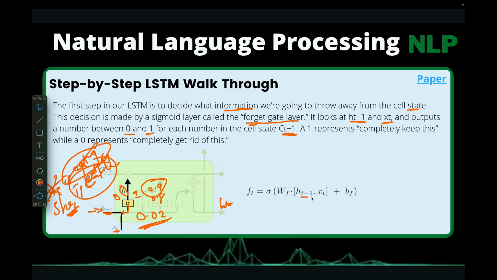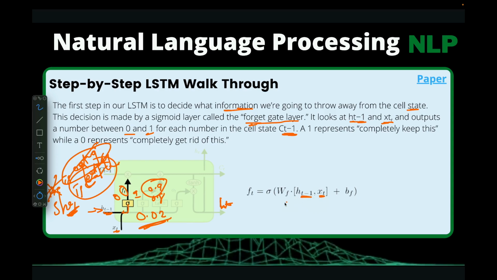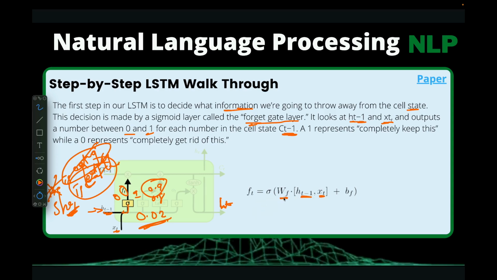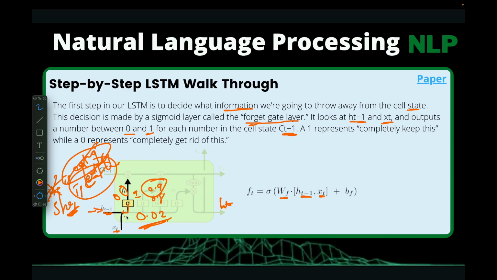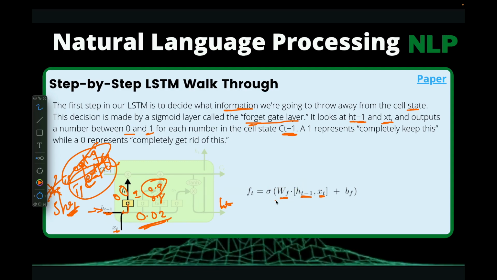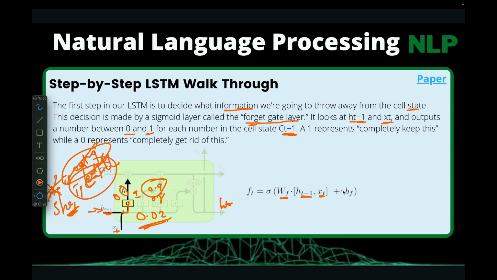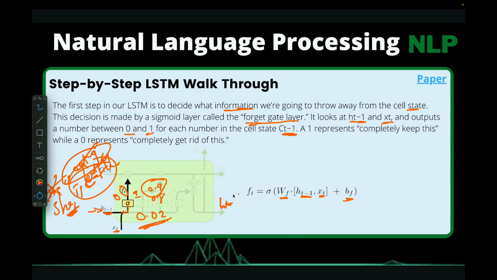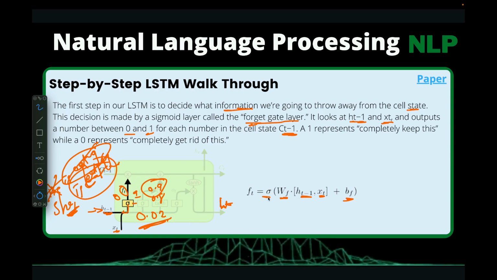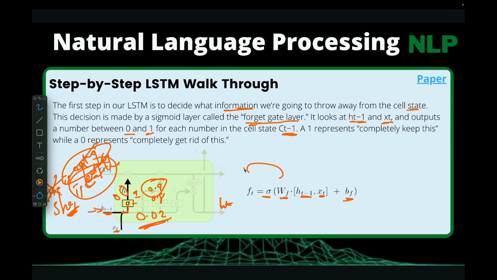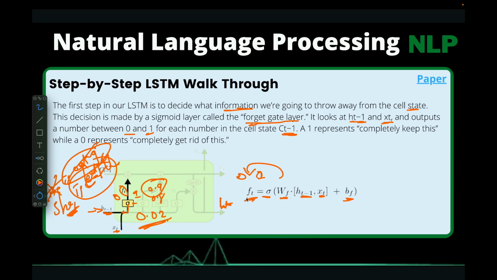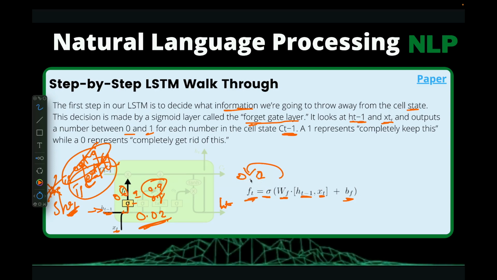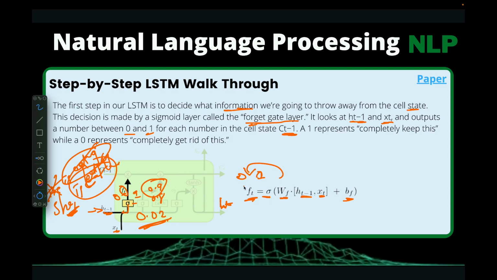Then we multiply with some sort of weight. Remember, if you combine these, you need to multiply with their respective weights. Plus some sort of bias, and then you apply the sigmoid function on it. Then you get values between 0 and 1, and that's going to give us our FT, which is here. All right, so that's the equation as well.